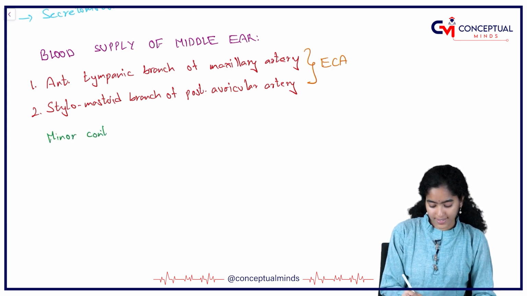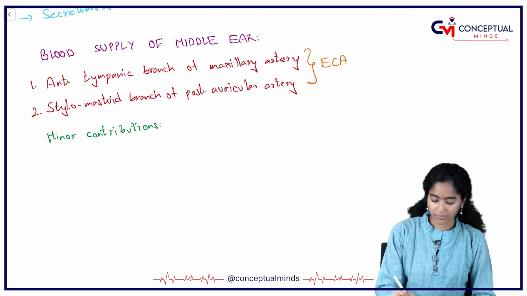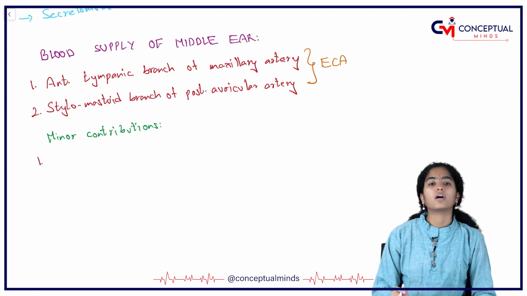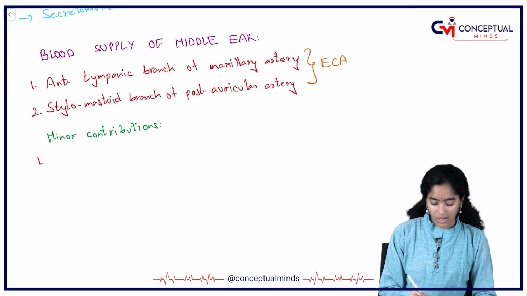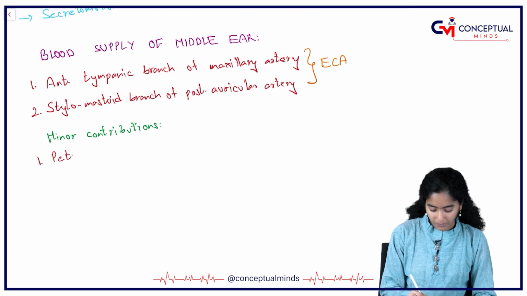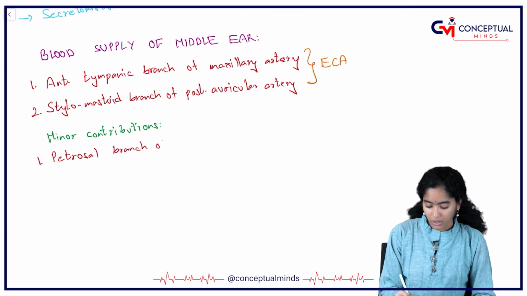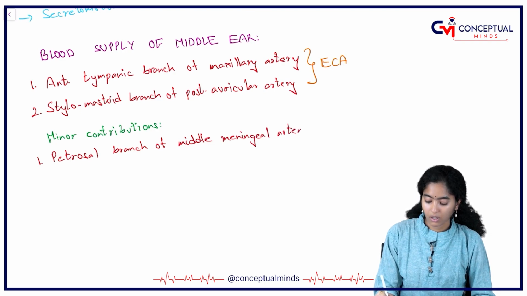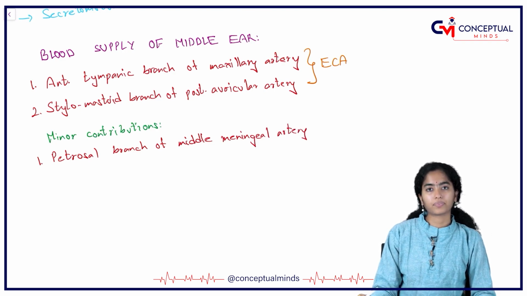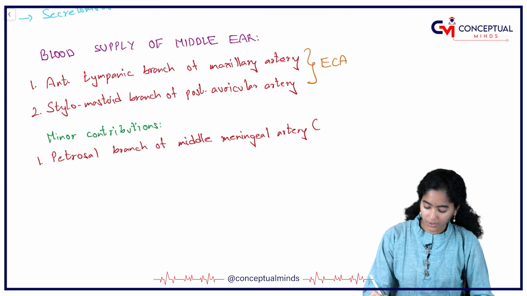Minor contributions come from, first, petrosal branch of middle meningeal artery. From where is the middle meningeal artery coming from? Middle meningeal artery, it is a branch of maxillary artery only.